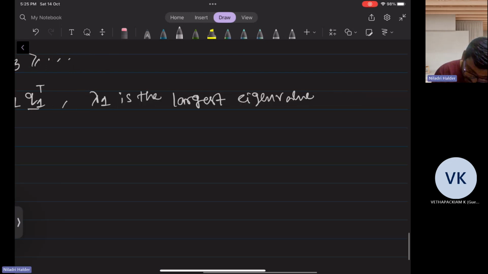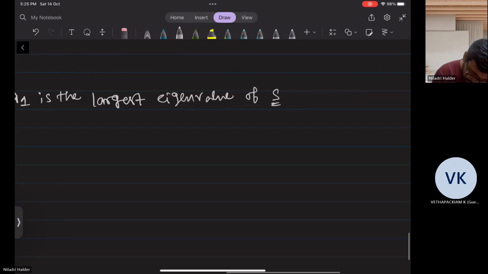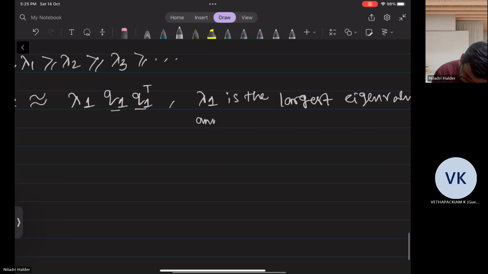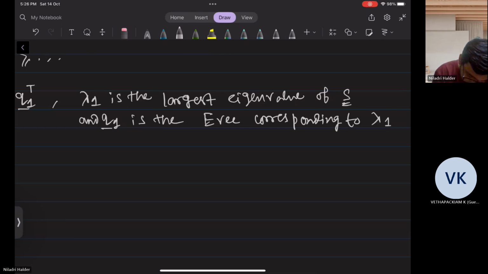Where lambda 1 is the principal eigenvalue, the largest eigenvalue of S, and q1 is the eigenvector corresponding to lambda 1.